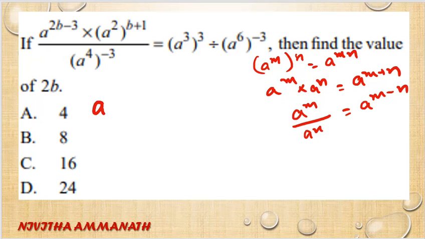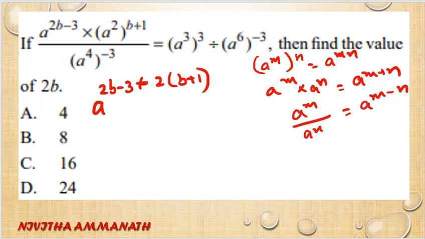So a^(2b−3) into a^(2(b+1)), that is a^(m+n), then divided by a⁴ into −3, which is −12.